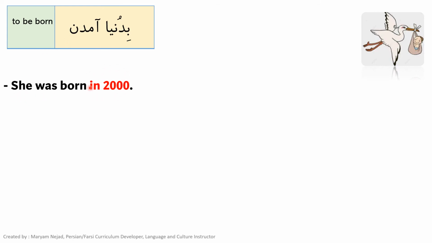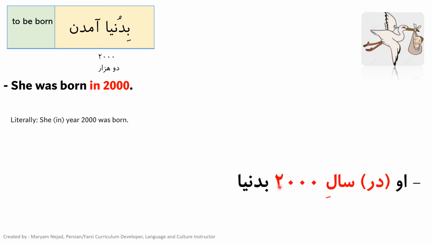Back to this example. So now we want to say in 2000. We said in the previous slides, the way to say it is usually she in the year of 2000 was born. We usually use the word year too. All right. So 2000 is دو هزار. Do means two. Hazar means 1000. او در سال 2000 به دنیا آمد.